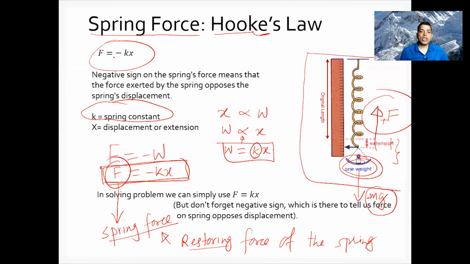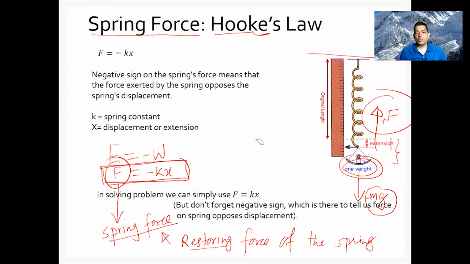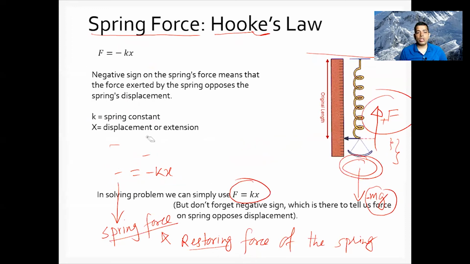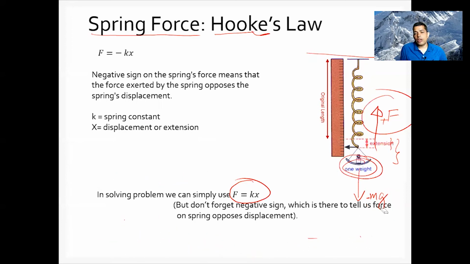As you can see here, you have a negative sign for the spring force, right? But for some practical purposes, you can write this simply as F equals kx, meaning you just ignore the negative sign. Even though you ignore it, you have to keep that in mind. The negative sign tells me that the force is restoring in nature, right?